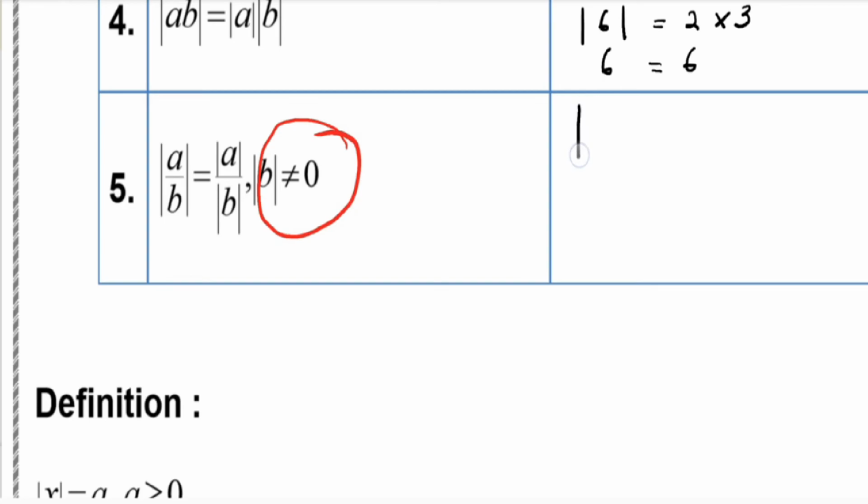So, for example, if we have absolute value of 2 over 3, we can rewrite it as absolute value of 2 over absolute value of 3. So the left hand side is equal to 2 over 3. Absolute value of 2 is 2 and absolute value of 3 is 3. So equal for both sides.